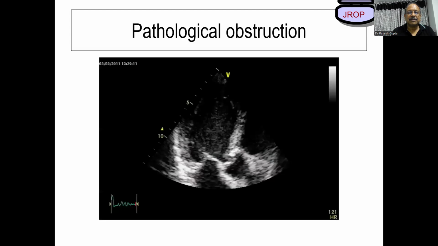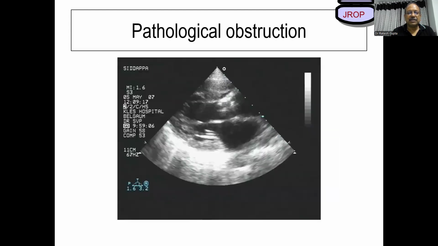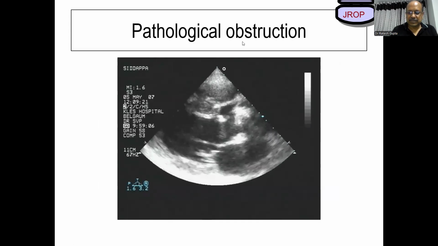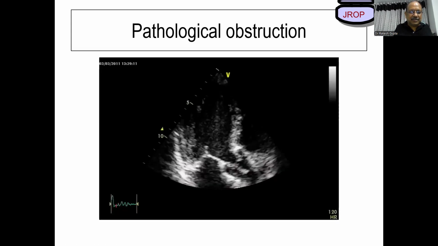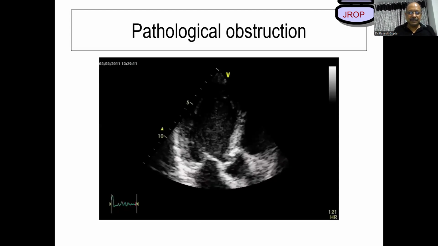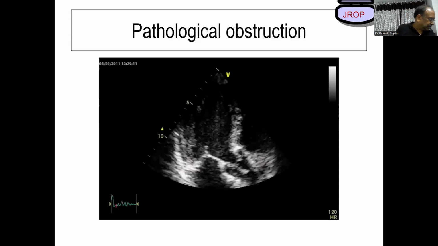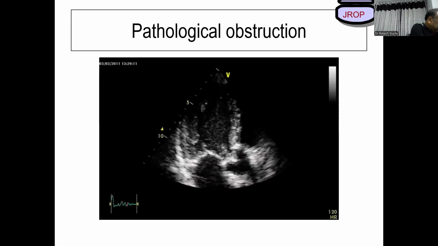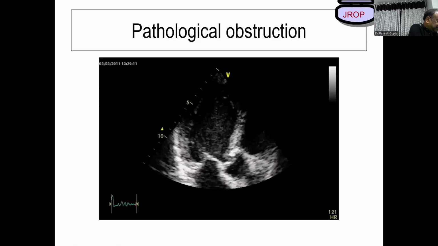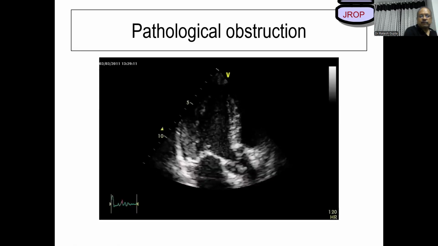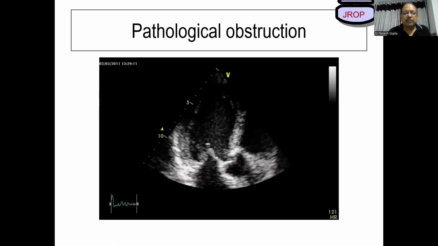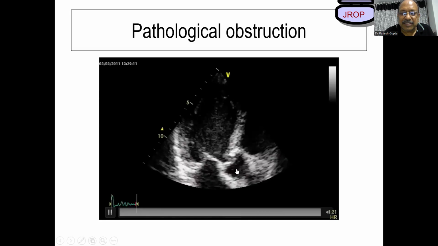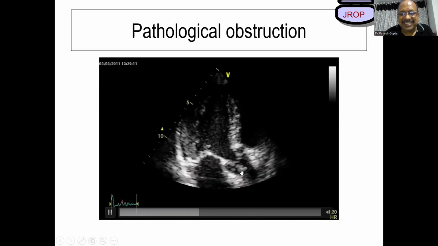So vegetation, that was pannus. Thrombus, and this is thrombus. Now, what is this? Normal? Vegetation. Where is the vegetation, man? Spontaneous echo contrast. This is vegetation, man, over here.